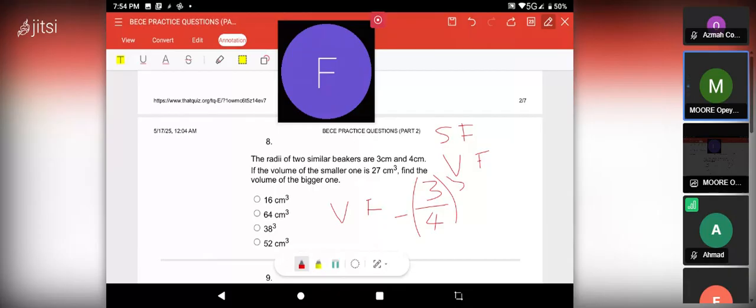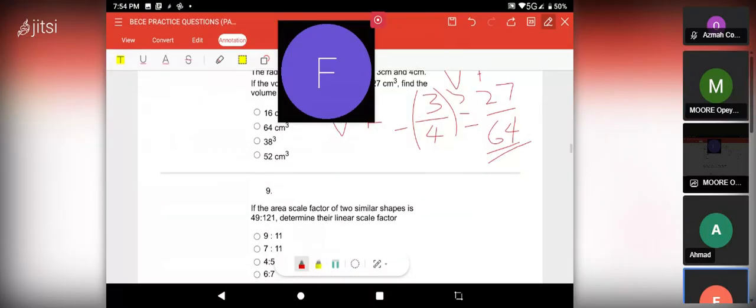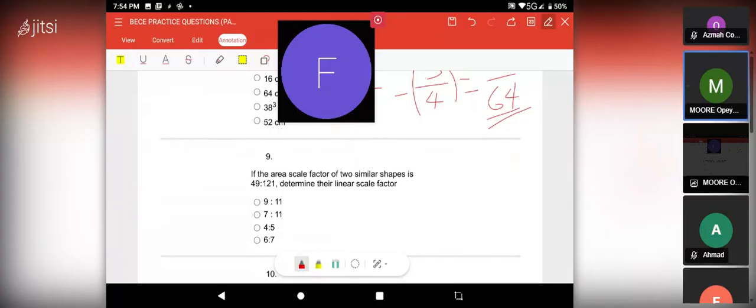If you raise 3 to power 3, you will get what? And 4 raised to the power of 3 will give us what? So the volume of the bigger one is what? 64. Thank you.